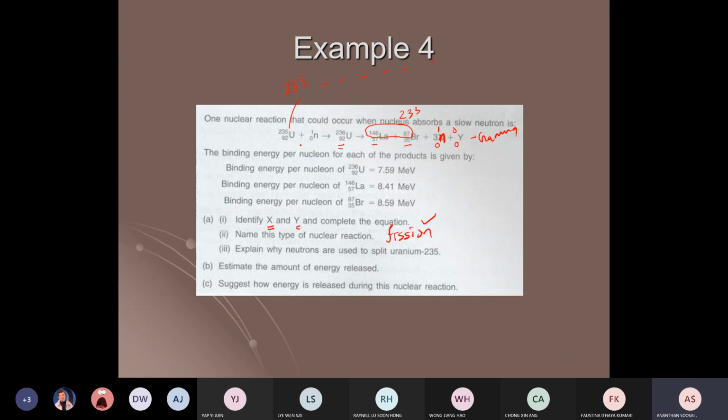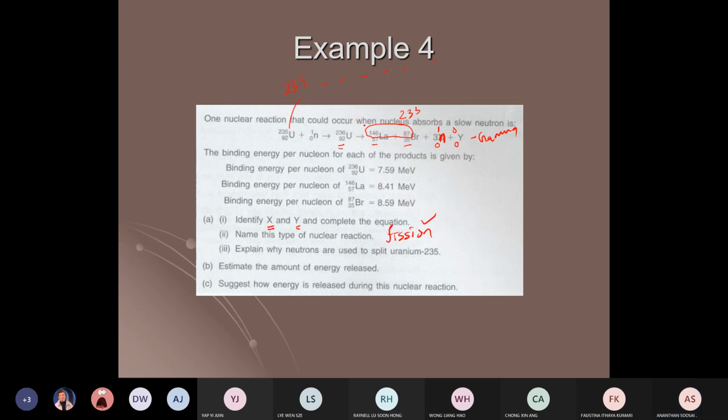But in this case, the mass of each particle is not provided to 6 decimal places. Of course, no decimal places is given, just 235, but we want 6 decimal places because the mass changes very little. We can only see that when we go to 6 decimal places.